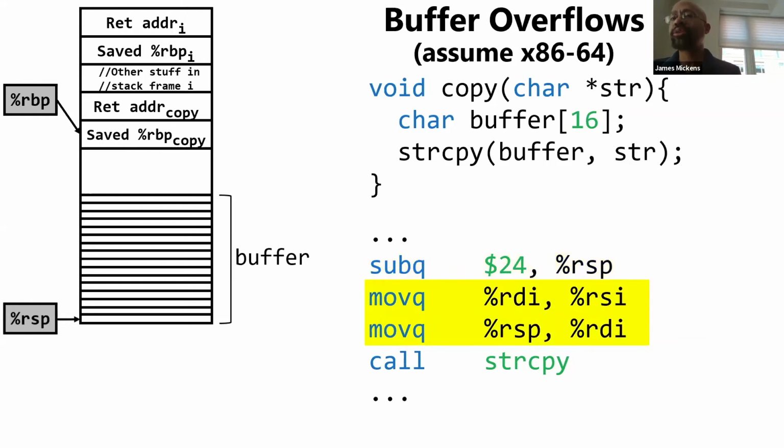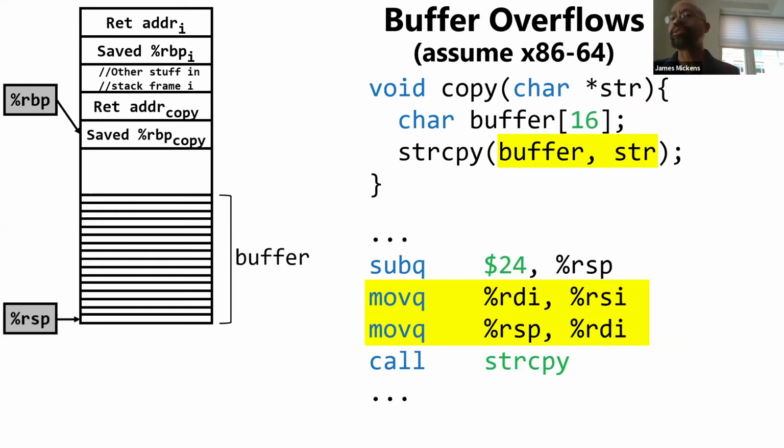Now we see these two move instructions. So what's going on here? Well, remember that on a 64-bit system, the calling conventions mandate that the first 6 arguments to any other function are passed via registers. So what we're doing right now is setting up the arguments for the call to strcpy. That's what these move instructions are doing. You can see that one of the arguments to strcpy is just going to be the argument that was passed to copy itself, that str argument.